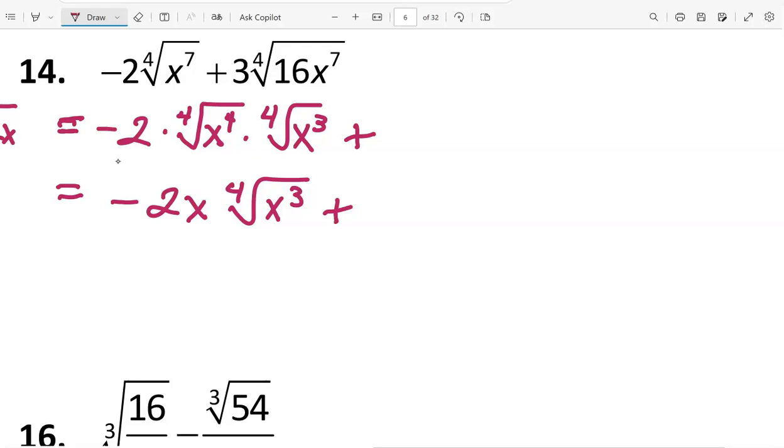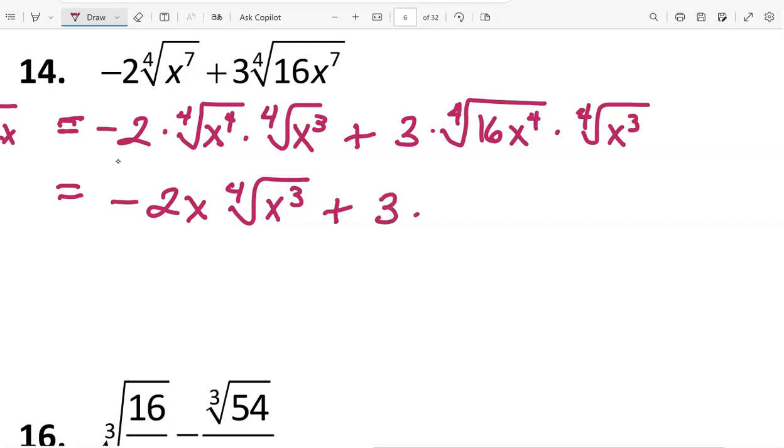And then for the next term, bring down that factor of 3, and we have a perfect fourth power of 16, and another perfect fourth power of x to the 4th. That gives us a leftover factor of x to the 3rd inside that radical. So simplifying, the 4th root of 16x to the 4th is 2x, and that's times the 4th root of x cubed.